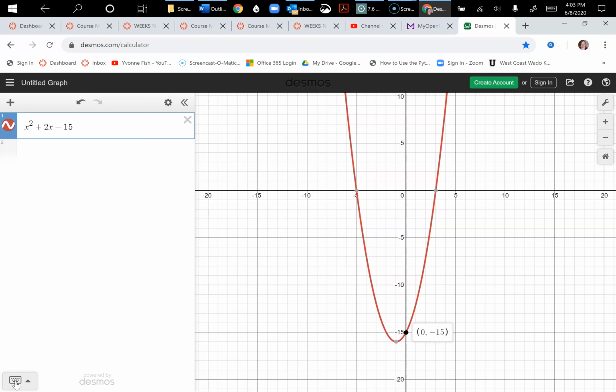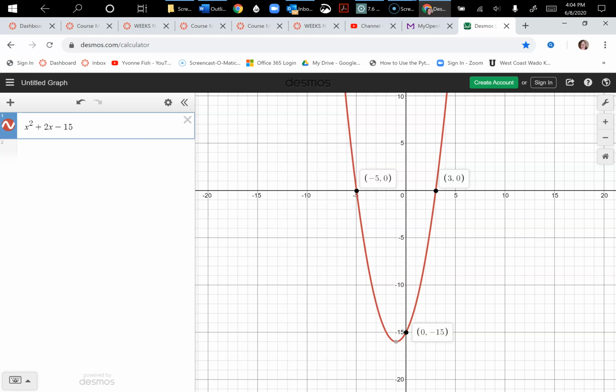We could actually set this whole equation equal to 0, and we could factor this, and we would then get our zeros. So I want you to see what the graph looks like, and then we will talk about the workbook.